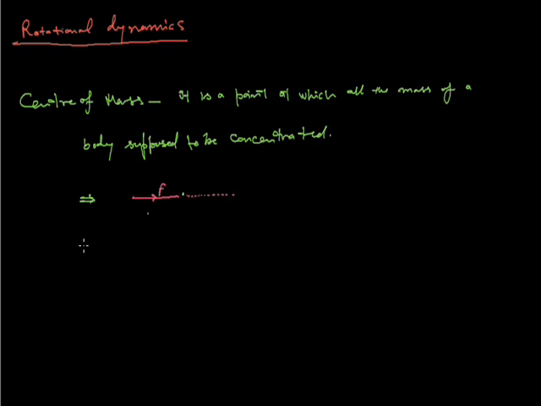But if the same force is applied on a bar, which is a macro body, and the force is applied here like this, then the body is not able to move in the direction of the applied force, meaning linear motion is not possible in this condition.